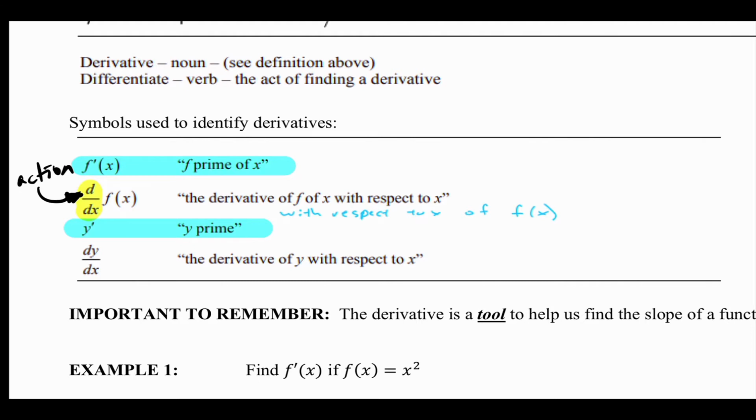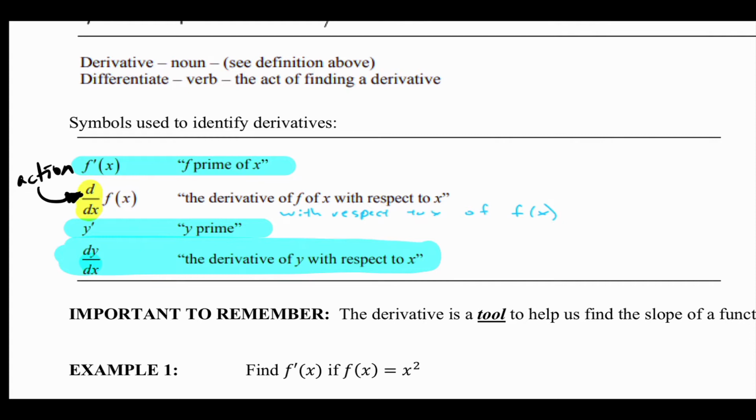We haven't found it yet, so do it. The last one, dy over dx, means that's already been done. This guy kind of goes with the blue ones. So the second one is an action. d over dx means do it. dy over dx means it's already been done. Here's the derivative. Here's the answer.